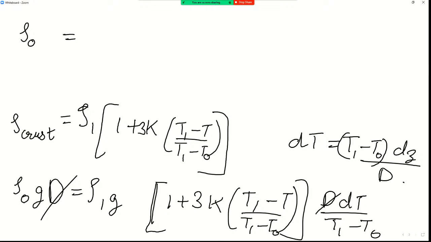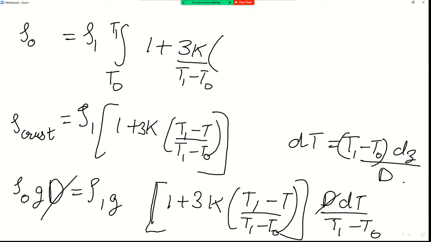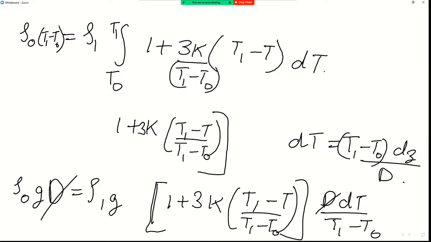Rho 1 and integral from T0 to T1 of (1 plus 3K (T1 minus T) by (T1 minus T0)) dT, and we can put T1 minus T0 here.